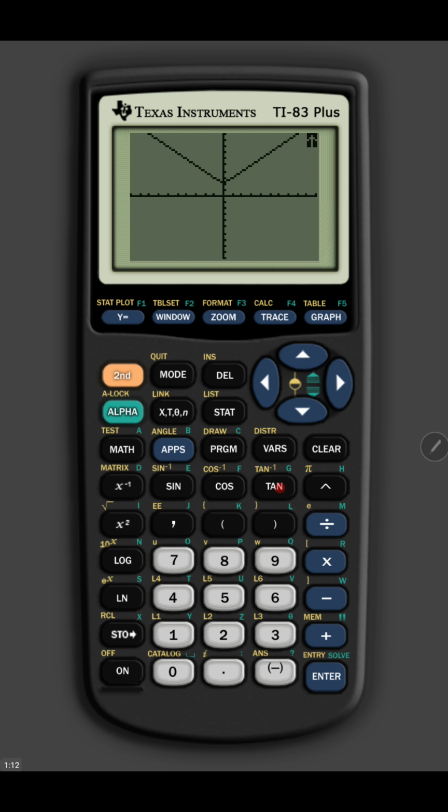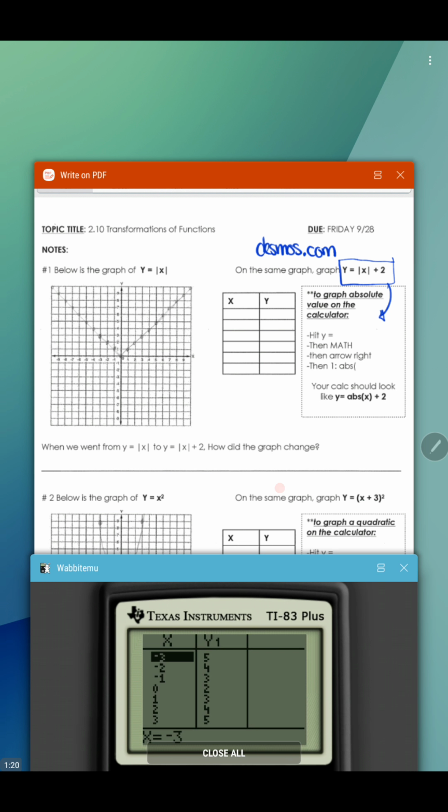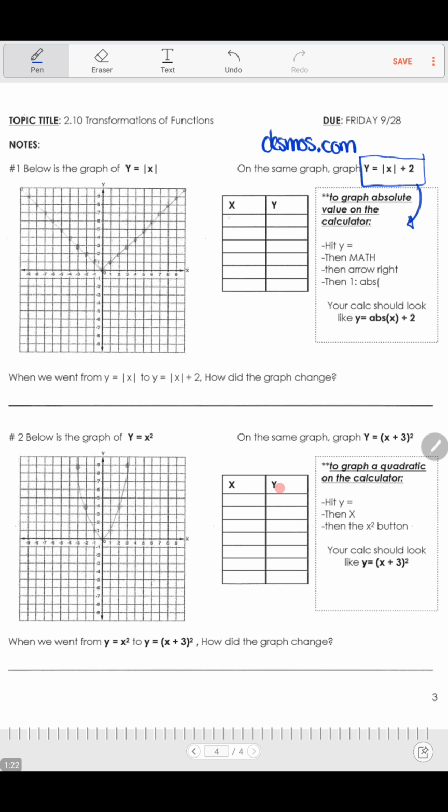Okay? So I get my table, and I want some positive and some negative, so I'm going to start at negative 3. I think it looks something like this.